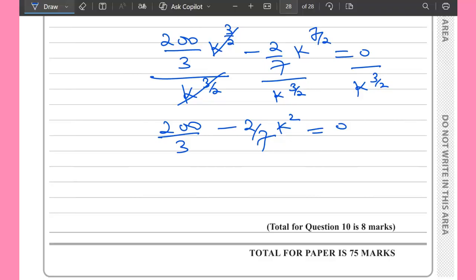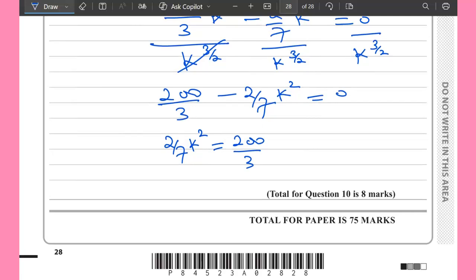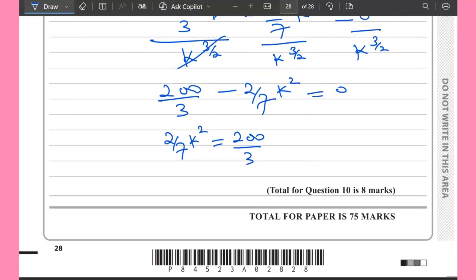So taking this to the other side, we'll have 2 over 7 k squared equals 200 over 3. And at this point we can cross multiply.